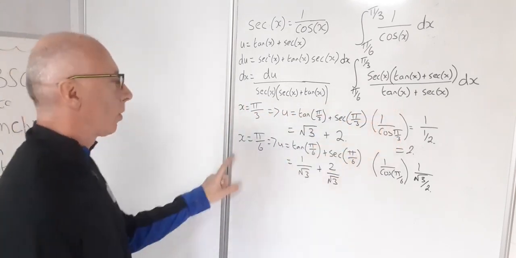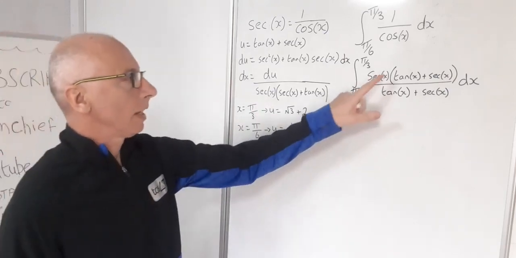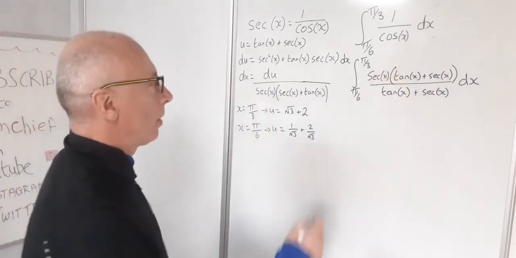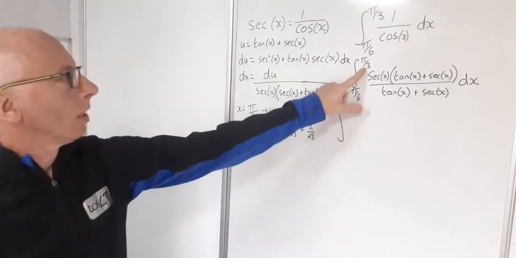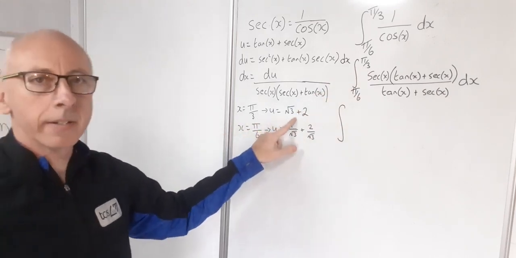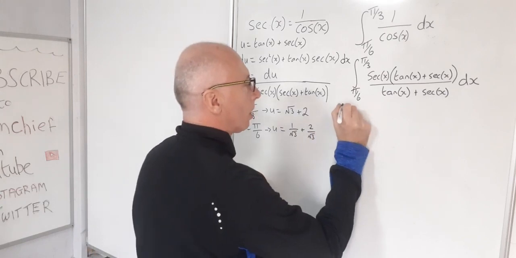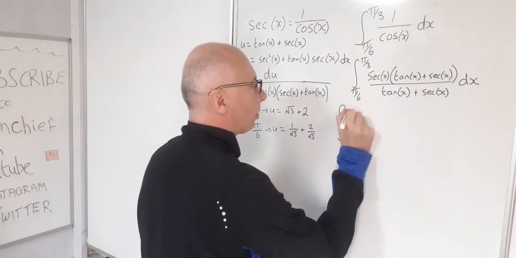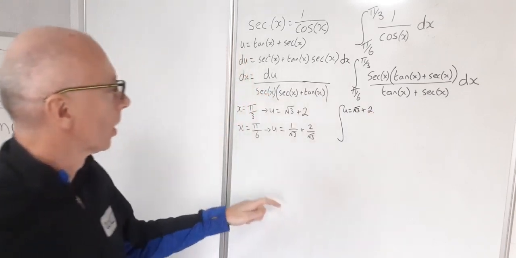So now let's put these over here nice and neatly, and then we'll get into the u world with all of this integral and see what we can get. At pi over 3, our x transfers our u to root 3 plus 2. So now I'm going to write here u equals square root of 3 plus 2.